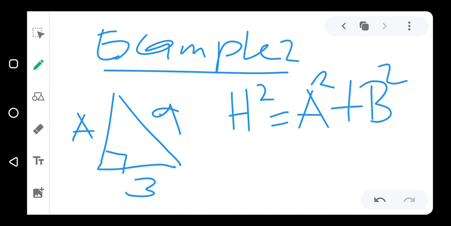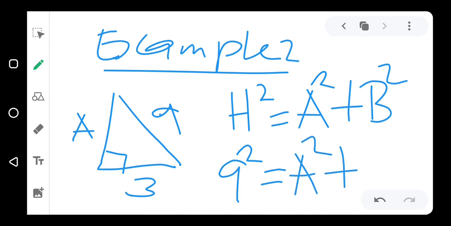Now the hypotenuse here is 9, so we say 9 squared is equal to a squared, then plus the other side is 3, so we have 3 squared.